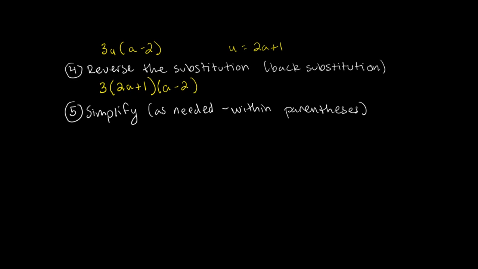So you're only simplifying within each set of parentheses, adding like terms if needed. We've got 2a plus 1 in one set of parentheses, and those are not like terms because one has an a, one doesn't. And in the other parentheses, we have a minus 2. Those are also not like terms. So we don't need to actually simplify in this case, because we have nothing to simplify.